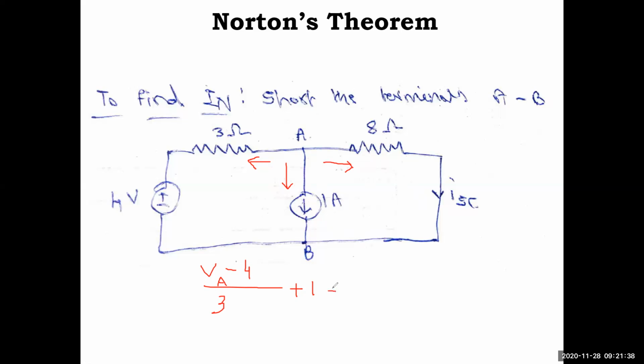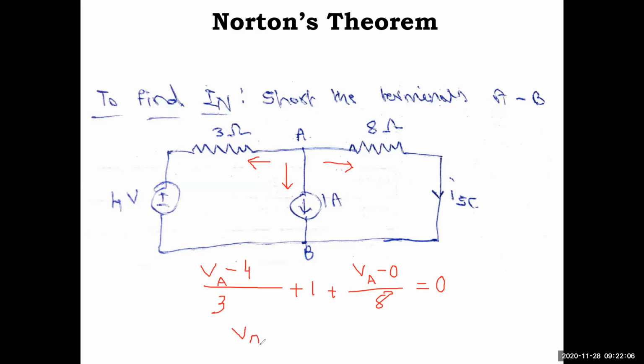I will consider it in terms of VA itself: plus VA minus 0 divided by 8 equals 0. This is the KCL equation, or node analysis. All the terms are written in terms of current. Now we'll group the VA terms separately and the current terms separately. So here I have VA by 3.